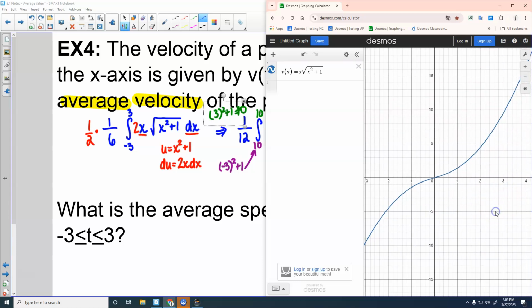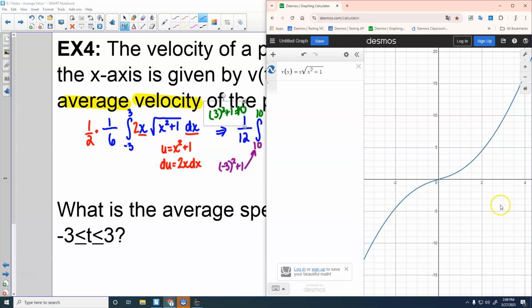Now, from -3 to 3, is my velocity 0? It's only 0 one time, right? So what does this even mean? If my velocity is only 0 one time, why am I getting 0 for this answer?